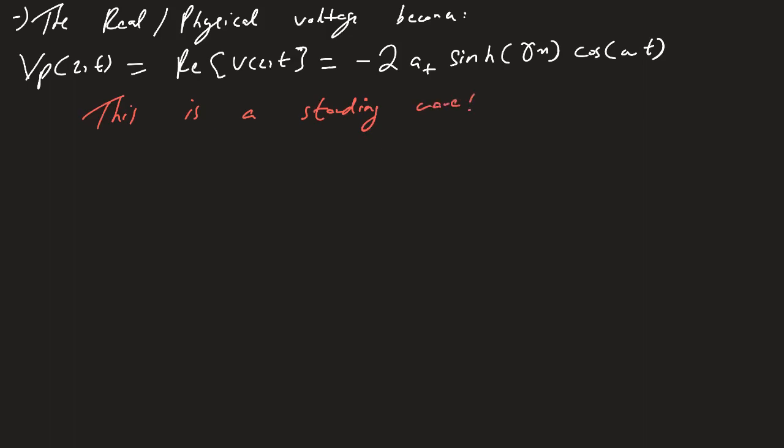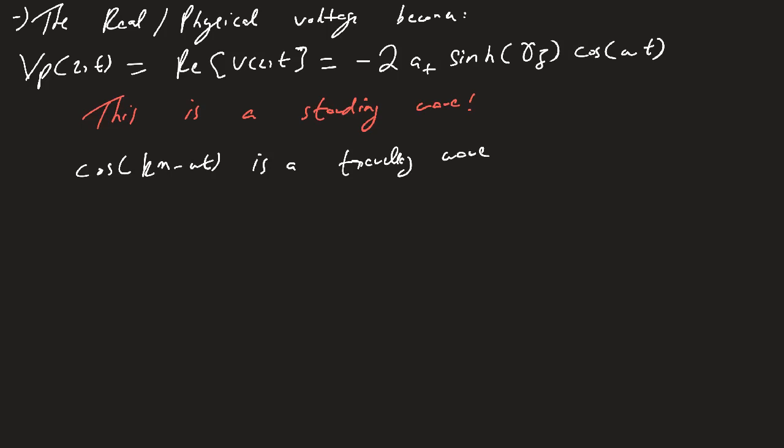Because why is it a standing wave and not a traveling wave? Something like cosine of kx minus omega t is a traveling wave, because if you sit at any given x and let time pass, you see the wave pass behind you because the phase will change. But this is a standing wave. Apologies, I've written x here, I should write z here.